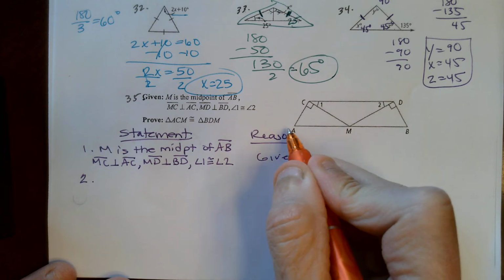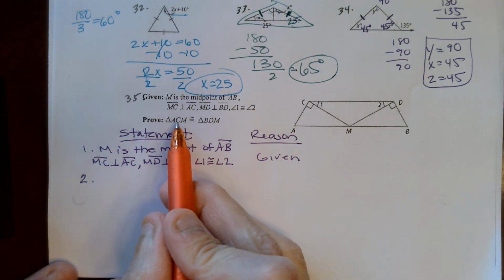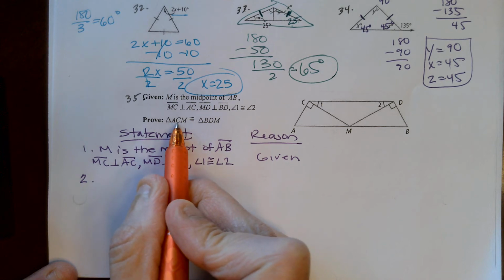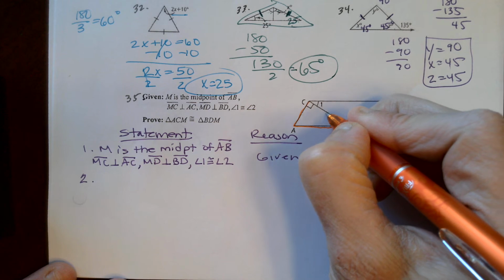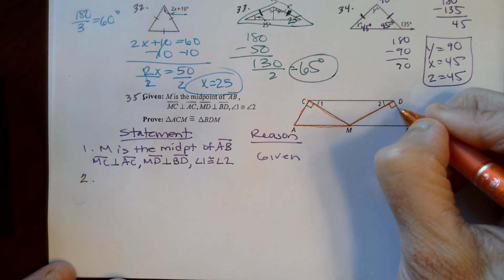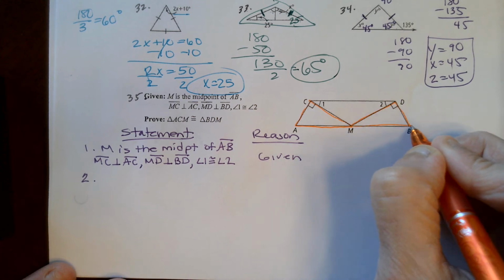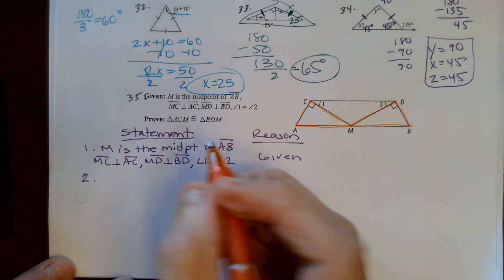If M is the midpoint, well, okay, halt. We always want to see what we're trying to prove first. We're trying to prove that ACM is congruent to the triangle right here. So let's keep our eyes on the prize. We want to show those two triangles are congruent.